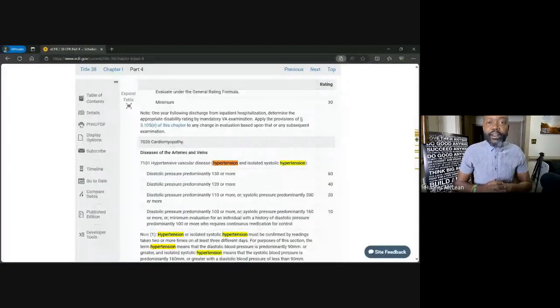All right, and here we are at that rating schedule. This is the rating that's normally used for hypertension, as far as your diastolic and systolic pressure readings. Once again, diastolic is the number on the bottom, systolic is the number on top. It's 10 over 12, 90 over 80, 14 over 15, but that's how they presented those, something over something.